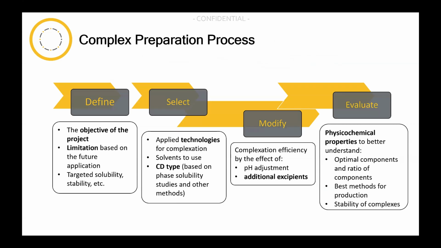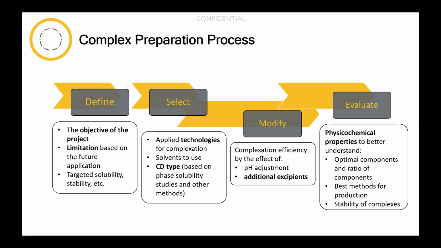So what is the process of complexation like this? First, we define the objective, the limitations, and the problem that should be solved with the cyclodextrin. Then we select the cyclodextrin, the technology to use, and if it's a solvent-based method, select the proper solvent for this process.